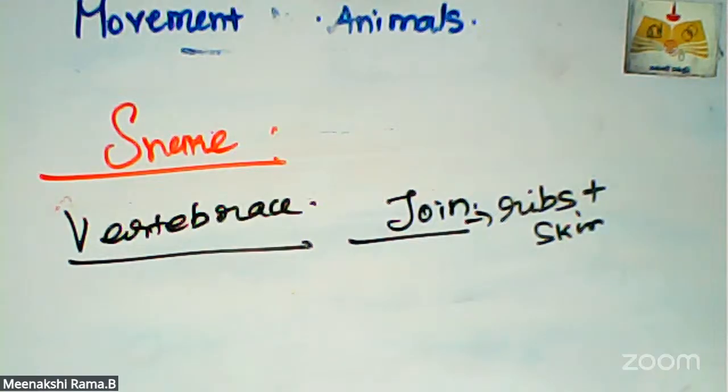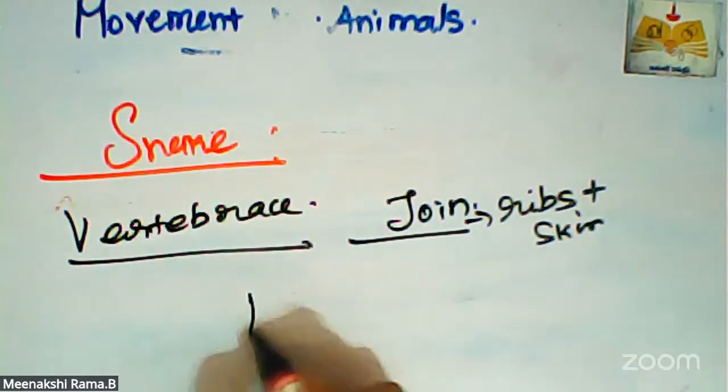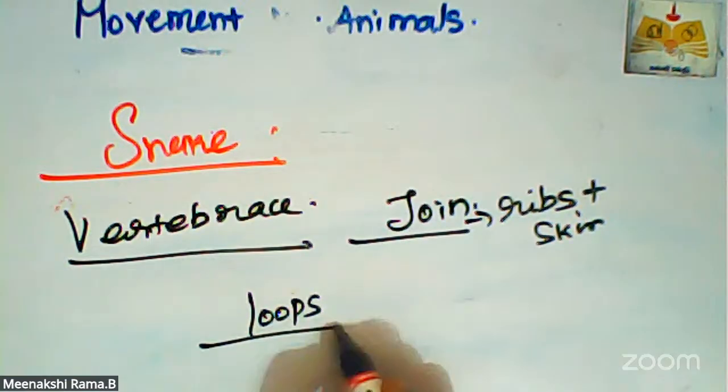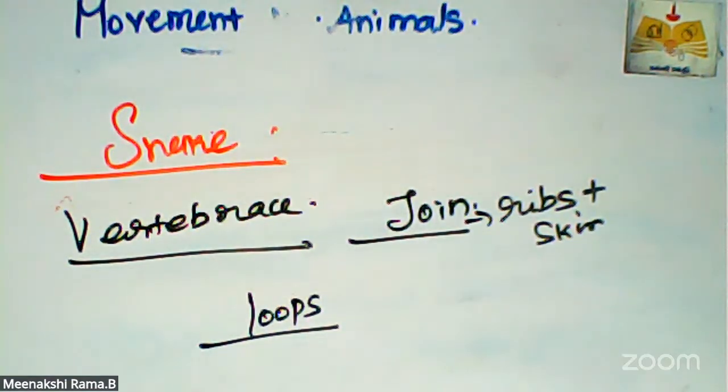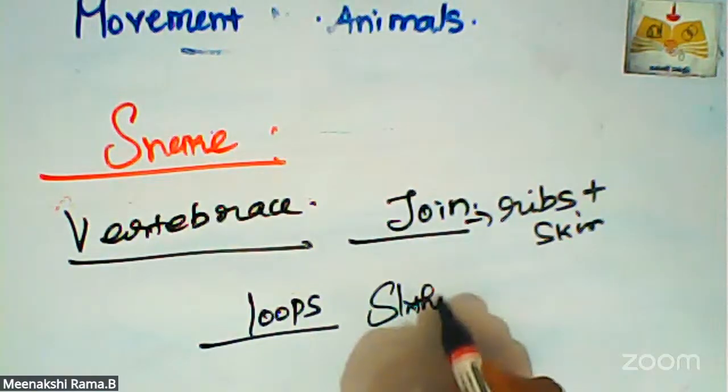The snake's movement is that it makes many loops on its sides. The forward push of the loops against the surface makes the snake move forward. The movement of the snake is called slithering movement. What is the special term for that movement? It is known as slithering.